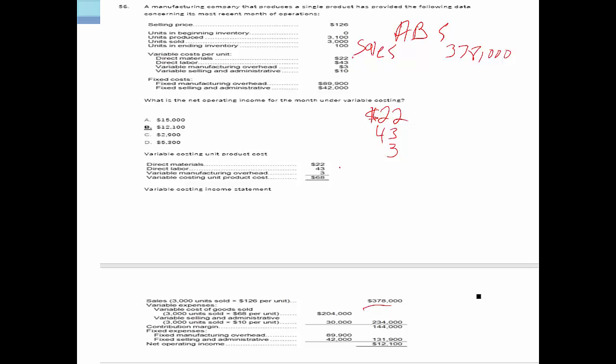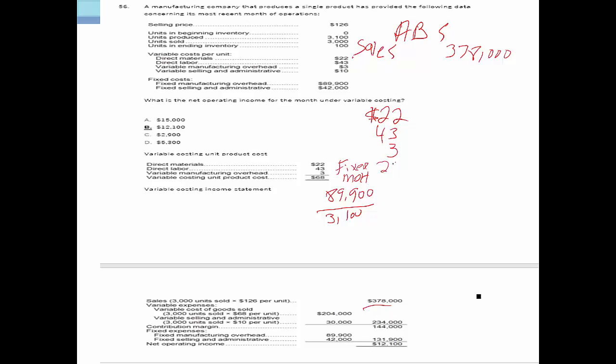I also have to pick up the fixed manufacturing overhead, don't I? So I take my $89,900 and divide it by units produced, 3,100. $29, you say?